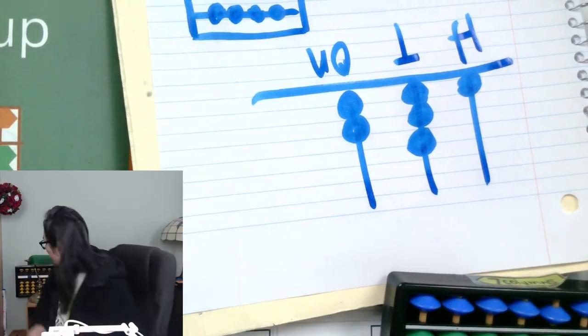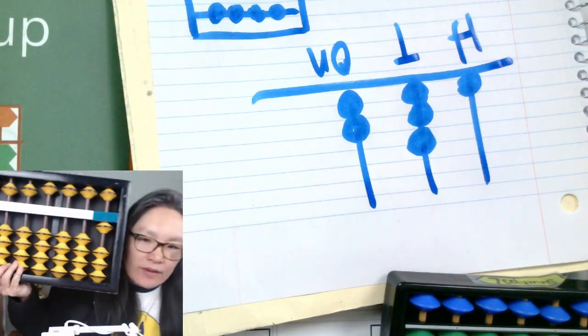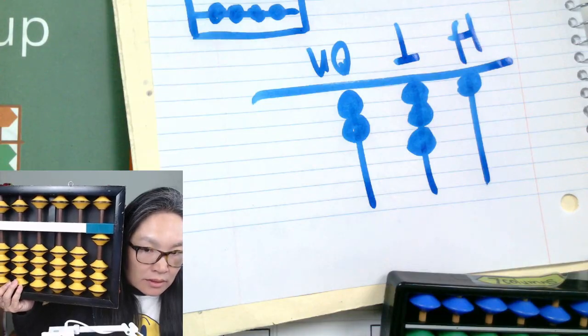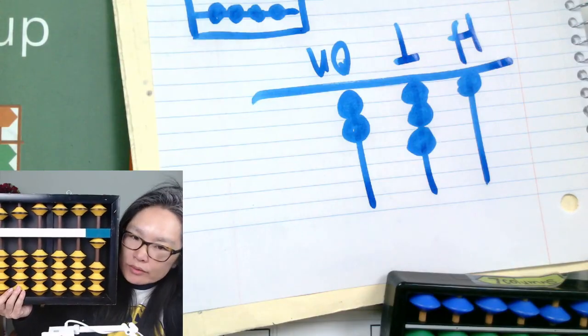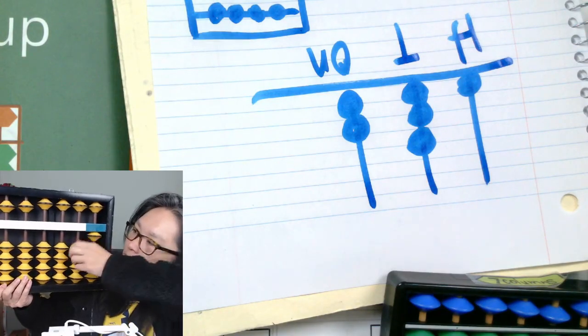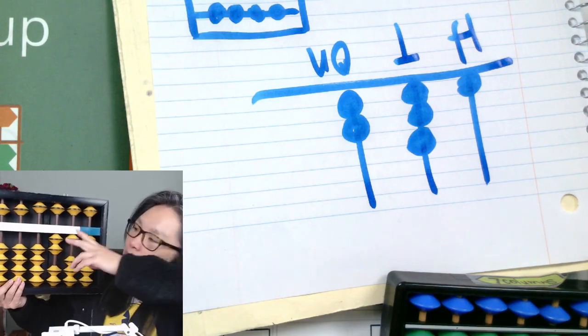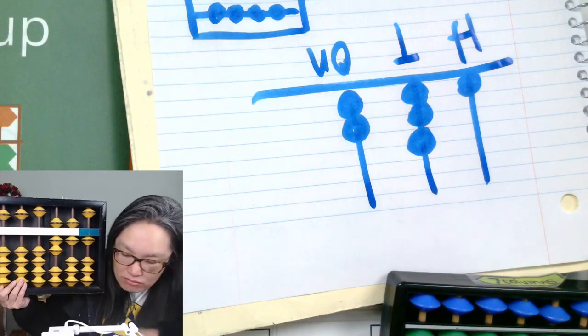Unless you have something like this, because this is a teacher's abacus. But you just said it was bars, though. So I don't know. This is the same, but the beads will stay, right? I don't know.